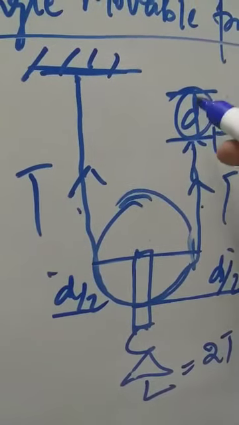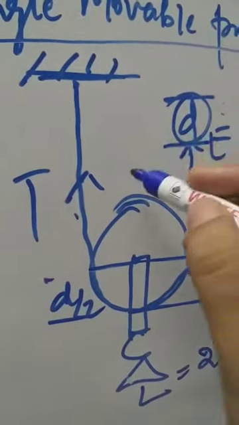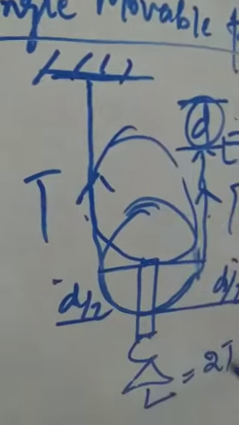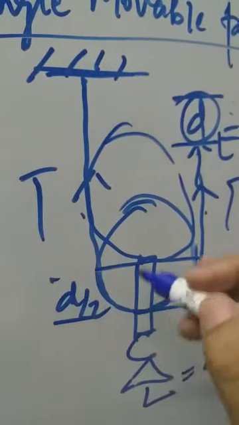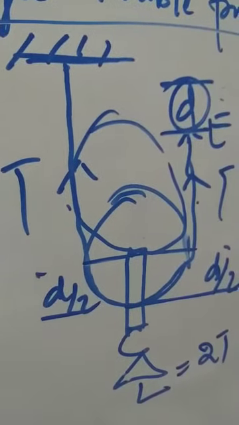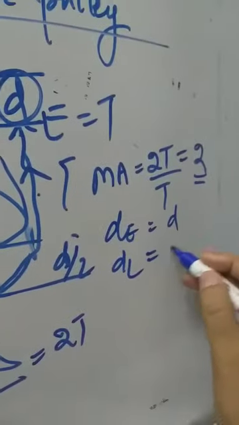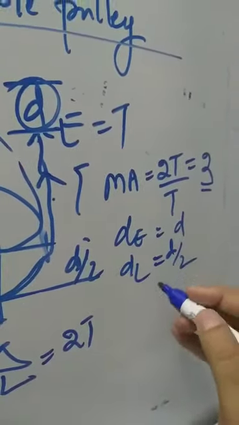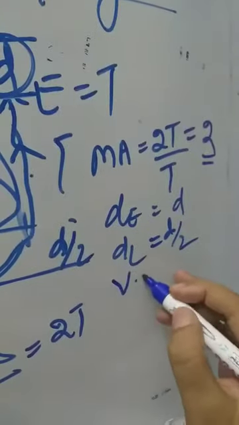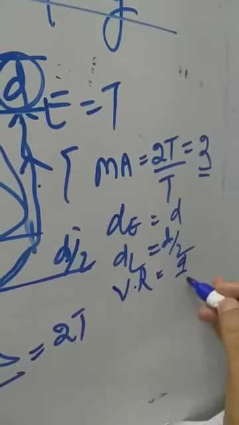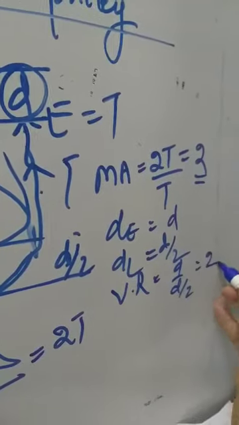So if the effort moves a distance d, then the position of the pulley will be here. So the distance moved by load will be d by 2. So the distance travelled by effort is d, and the distance travelled by load is d by 2. In that case, the velocity ratio will be d by d by 2, that is again 2.